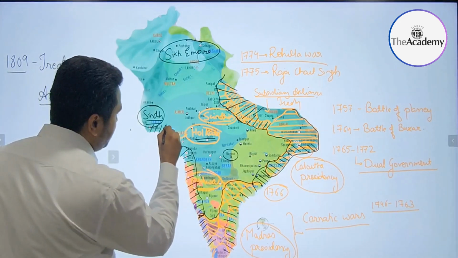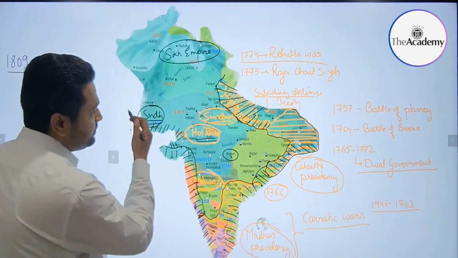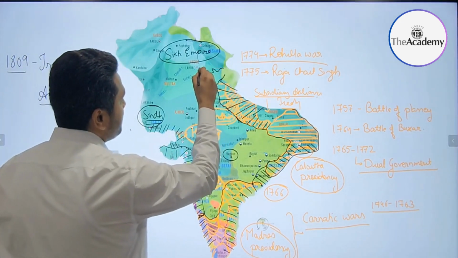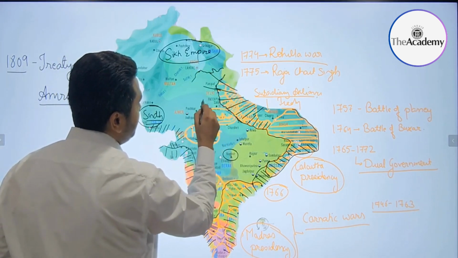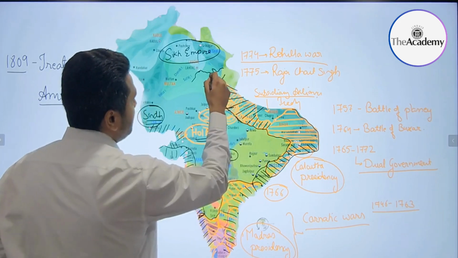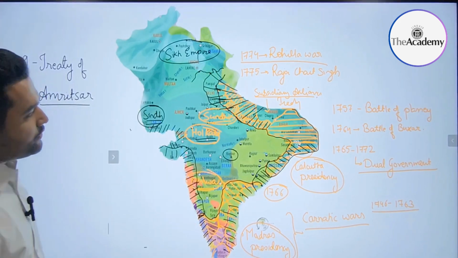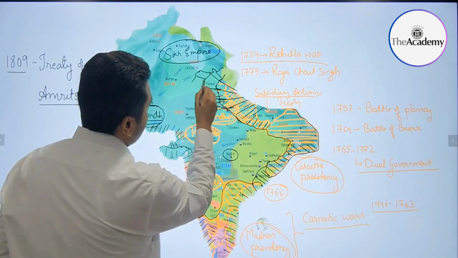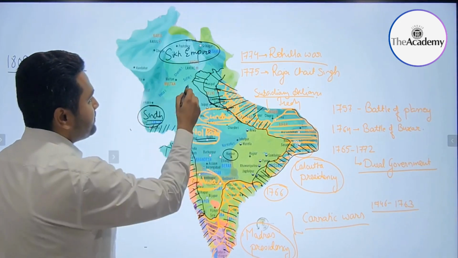So following this treaty, the English extended their border more, and we also see that the frontier of the British now extended as far as the Satluj. So what we see is the frontier of the British extending as far as river Satluj.